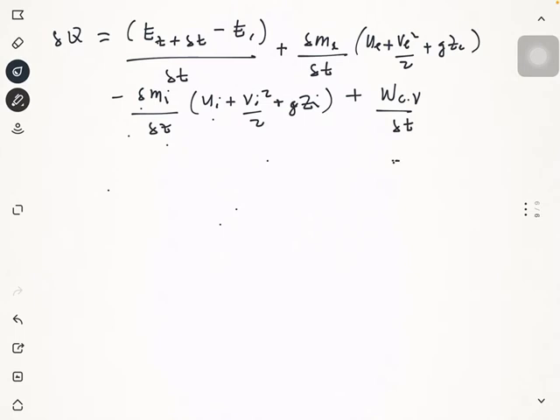Okay, so what do we have here? We have the differential of Q over t, plus m_i with respect to time times h_i plus V_i squared over 2 plus g z_i.